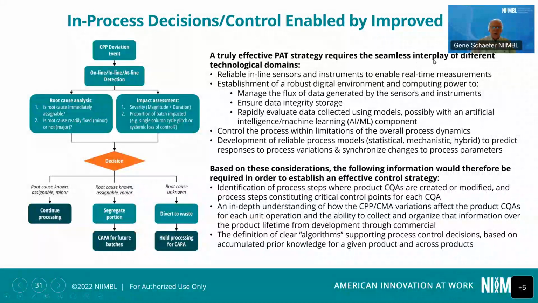It really requires different technology domains. So you certainly need the technology around the sensor, either the inline sensor or something that's available at line, but able to still give you rapid results.